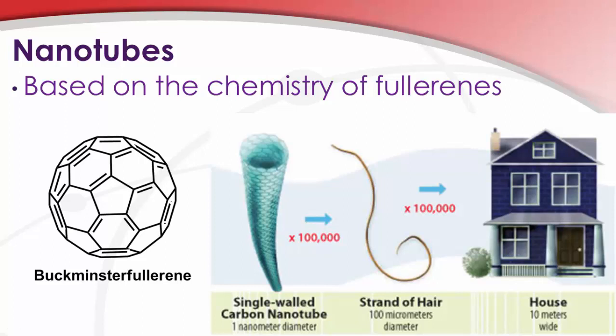Now, that in itself is interesting, but if we create a material from carbon nanotubes, the strength is more than 100 times greater than that of steel, and it's a lighter material. Something extremely interesting for the future, I would think.